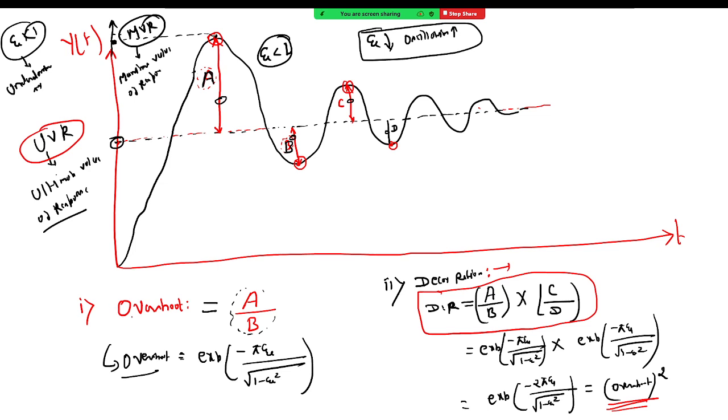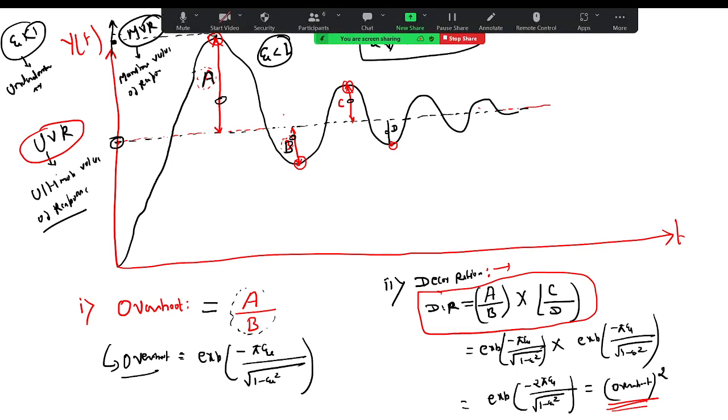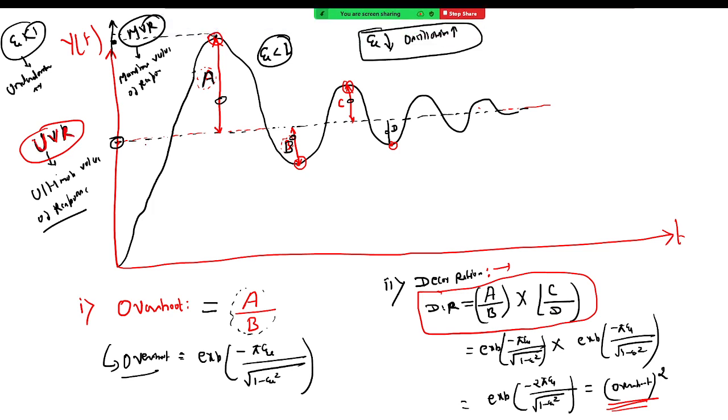So till now we have calculated the value of overshoot and the value of decay ratio. This is the ultimate value of response. Now, if I want to calculate the maximum value of response, I can write the ultimate value of response plus A. This will give you the maximum value of response.